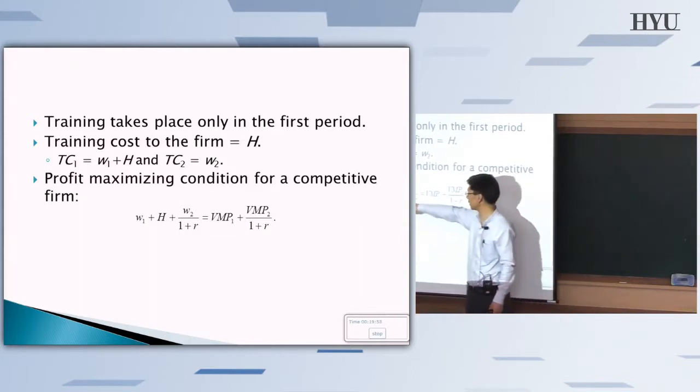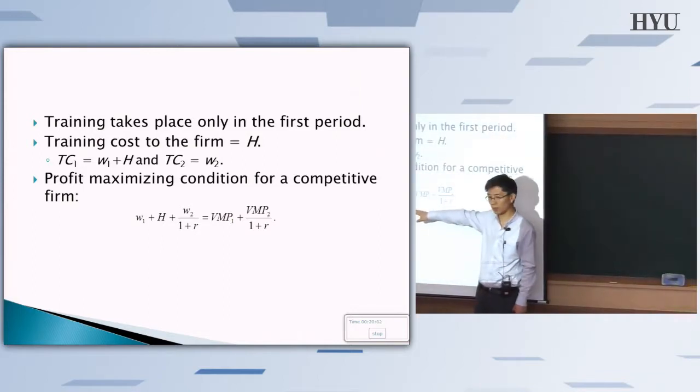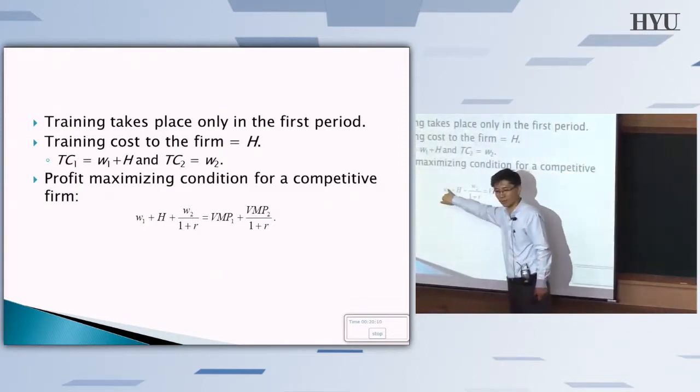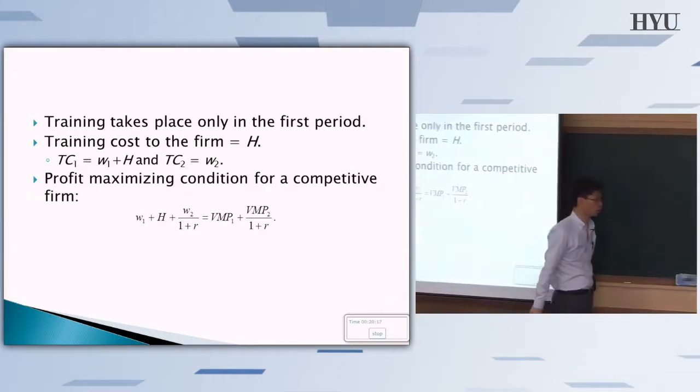Then H must be equal to what? H must be VMP1 minus W1. Or, the other way, W1 must be equal to what? VMP1 minus H. Okay?